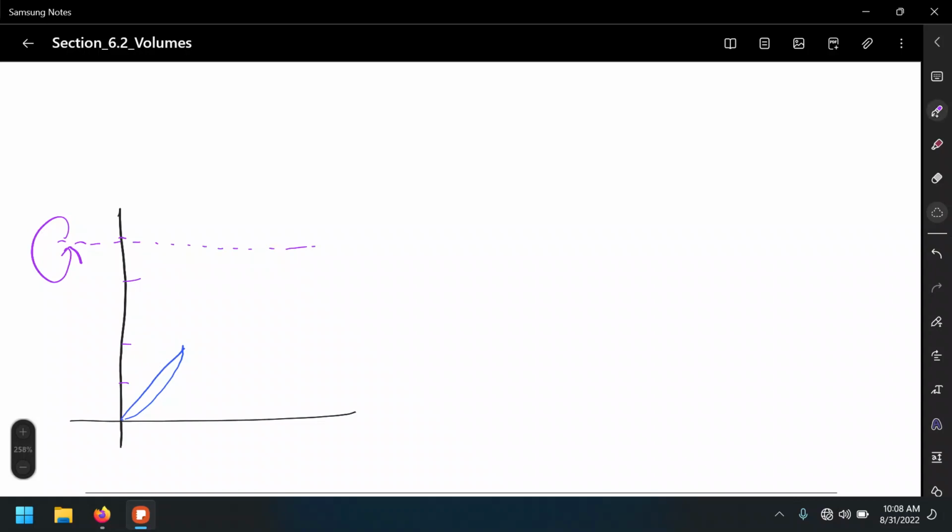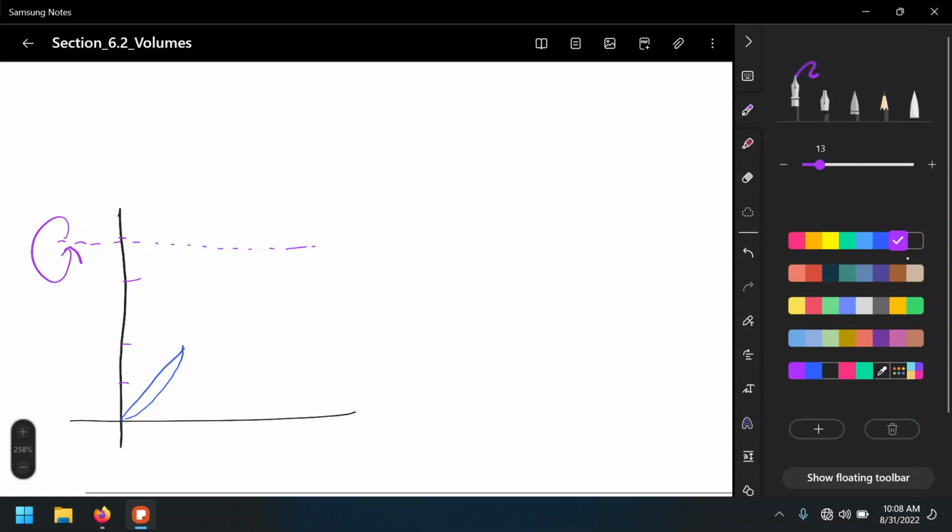So when we rotate this region, it's going to look like this. And of course, you can imagine this region being rotated, hollow in the middle. So we have a washer in this case, not a disc. But the approach is very much the same as if we were finding the disc.